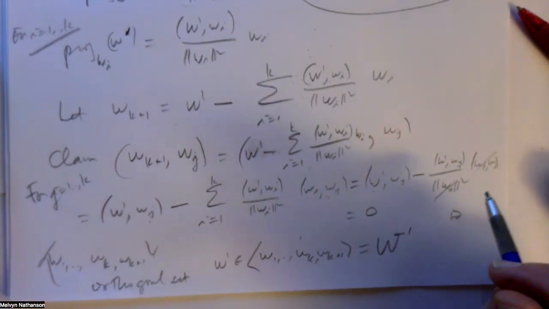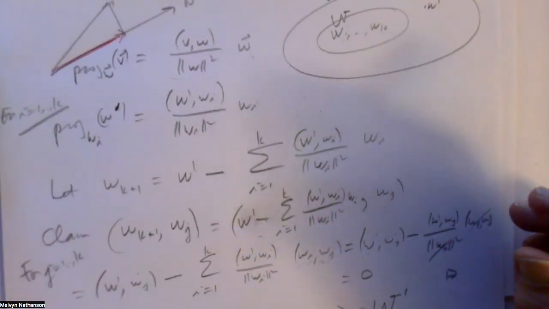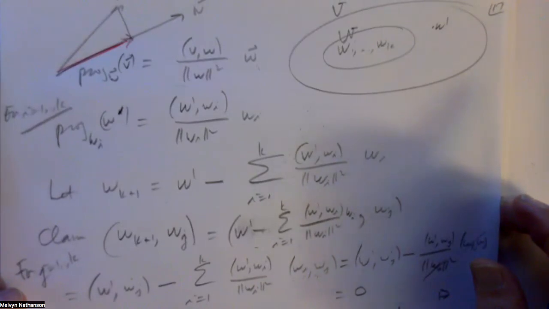So the moral of the story, and again, there's a lot of algebra involved in this, which is perhaps why we call this course linear algebra, is that if you have an orthogonal set of vectors in a vector space, and you take another vector that's not in the subspace they generate, you can extend your original orthogonal set to one larger orthogonal set that spans your larger subspace.